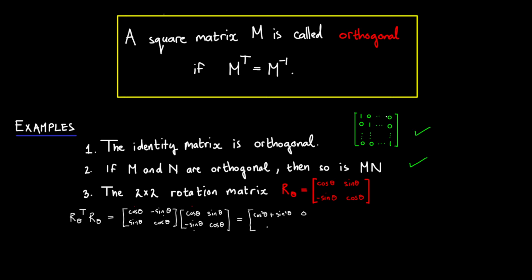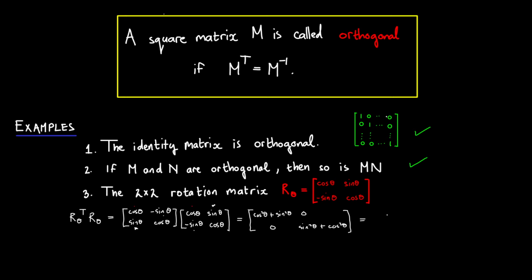And similarly here, what will I get in this component? Well, I get sine theta times cos theta plus cos theta times negative sine theta. And again, that's also equal to 0. And then lastly, in this component, I take sine theta times sine theta, so I get sine squared theta. And I add that to cos theta times cos theta, and so I get cos squared theta here.